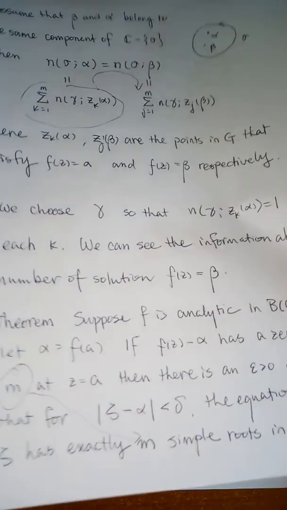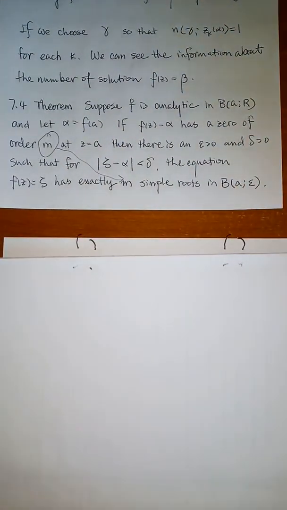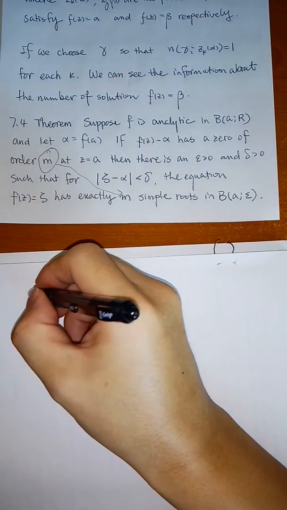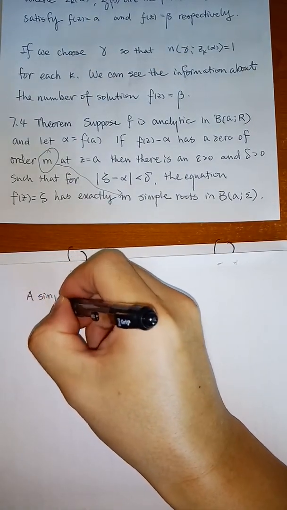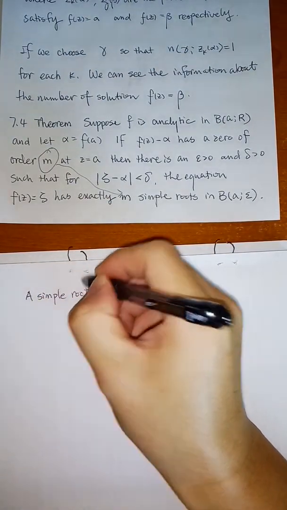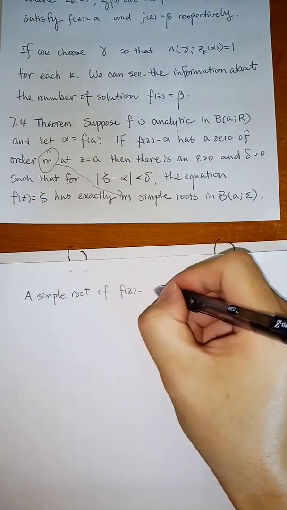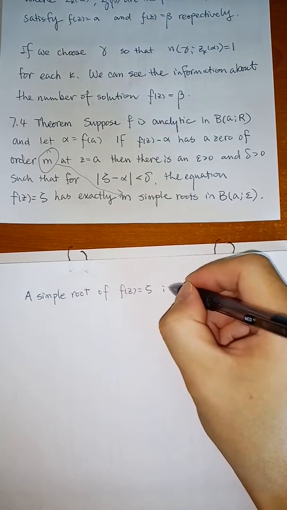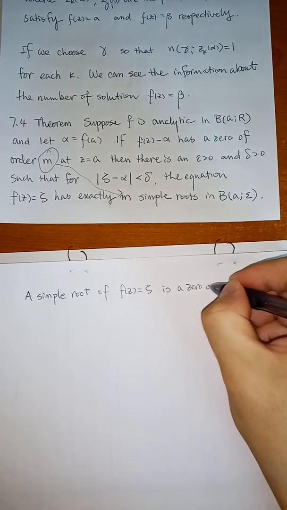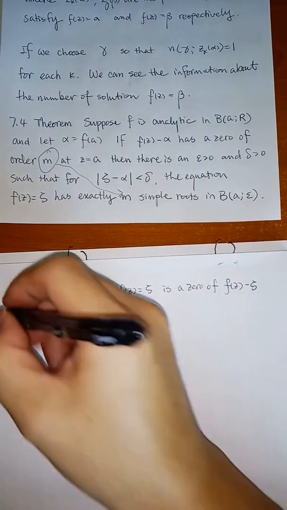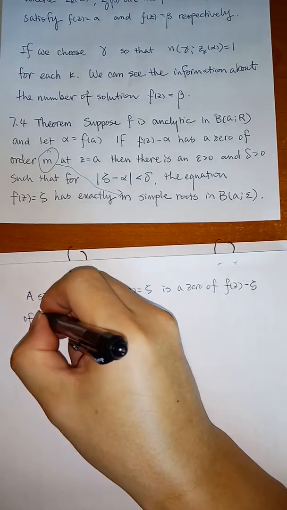Okay, so how do we show it? Here a simple root of f(z) equal to eta is a zero of f(z) minus eta of multiplicity 1.